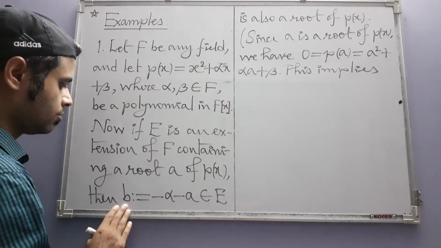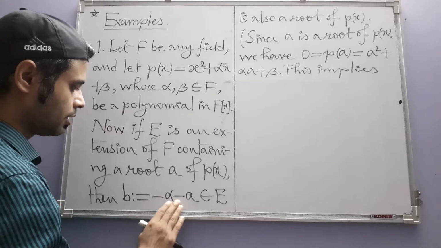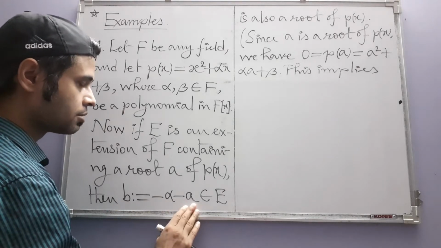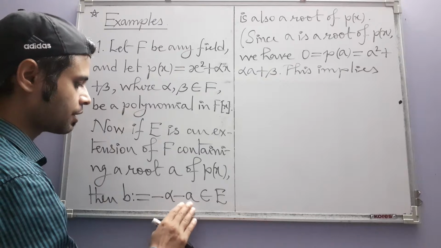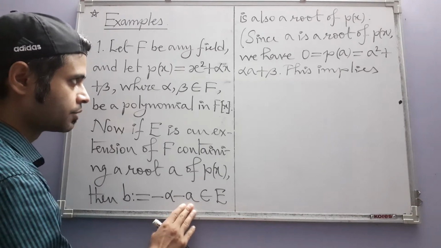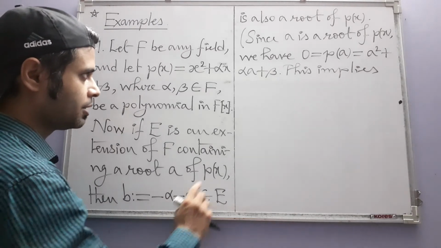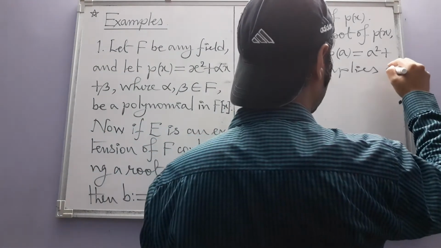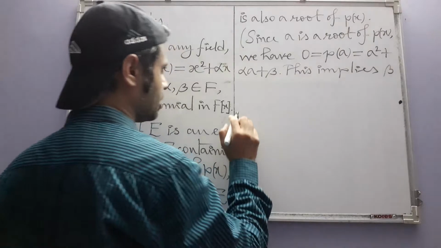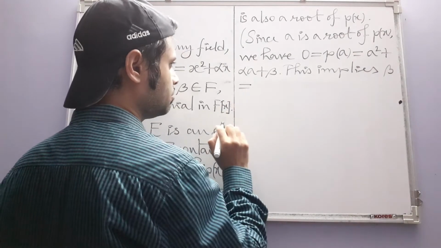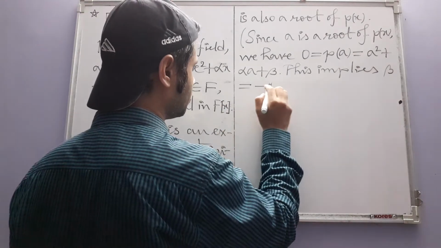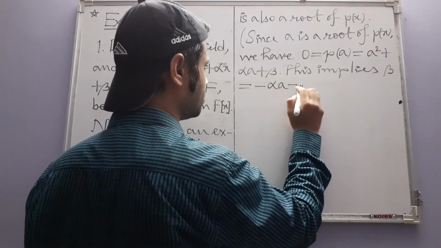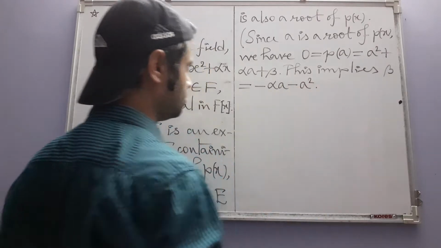Because the root b that the author is claiming is in terms of alpha and a, I think it will be helpful if we express beta in terms of alpha and a. From this last equation, beta is equal to minus alpha a minus a squared.